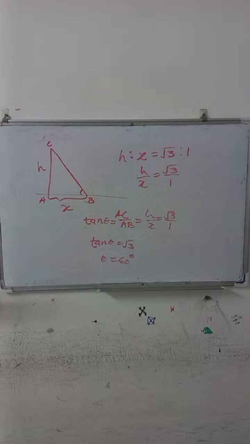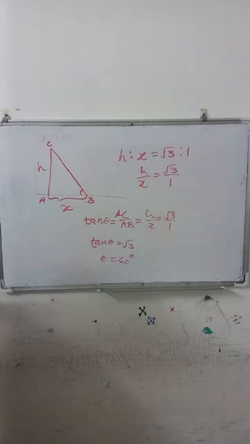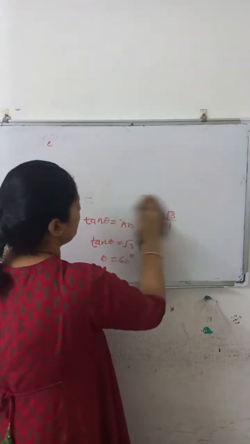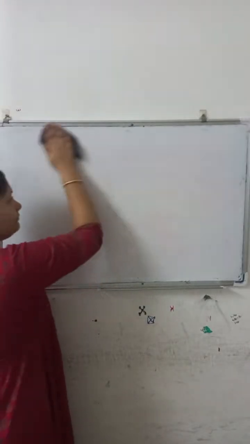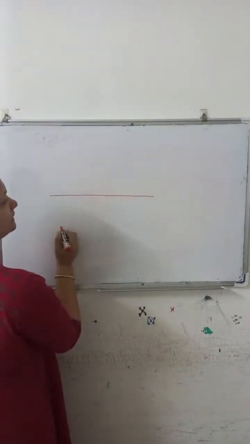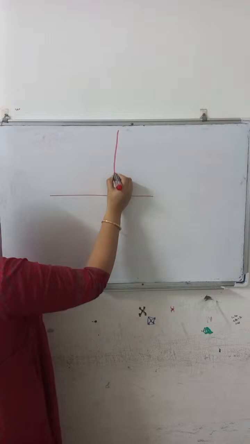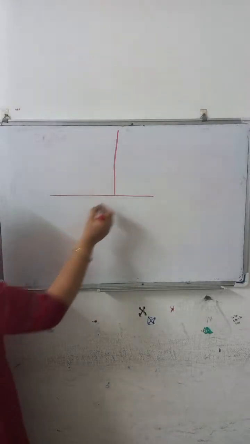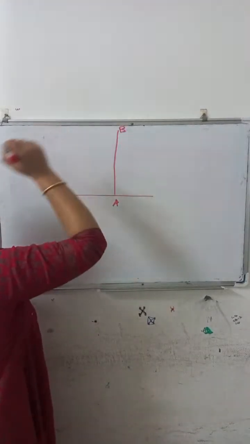So the same question is there also in the textbook, but many times students make mistakes in this kind of problem. So try to focus here, and try to learn what is given and what we have to find out. Here we have the ground, and this is a tall tree, AB.